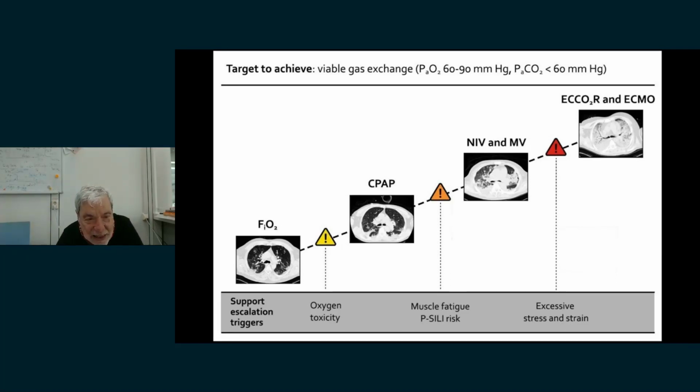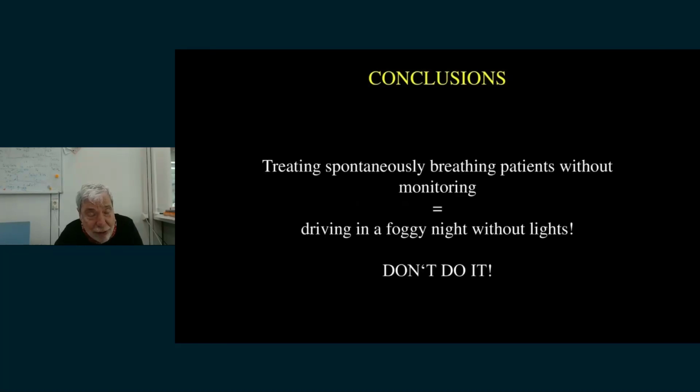But we have this tremendous lack, which I'm grateful experience may cover, at least in part. My conclusion is that treating a spontaneous breathing patient without monitoring is like driving on a foggy night without lights and without knowing where to go. Thank you for the attention.